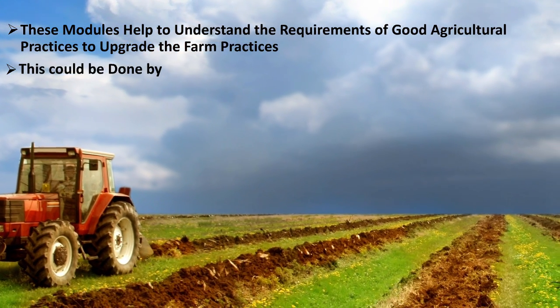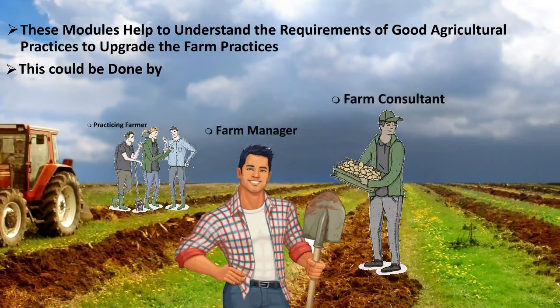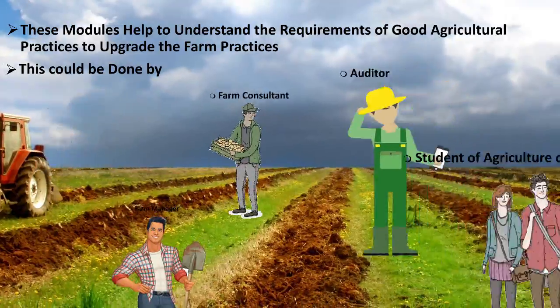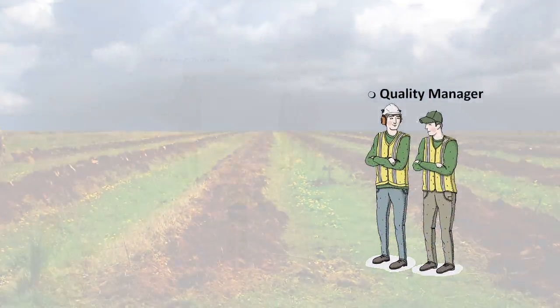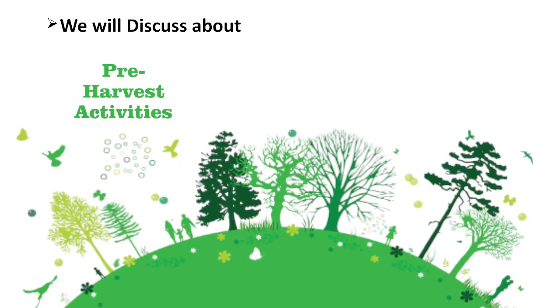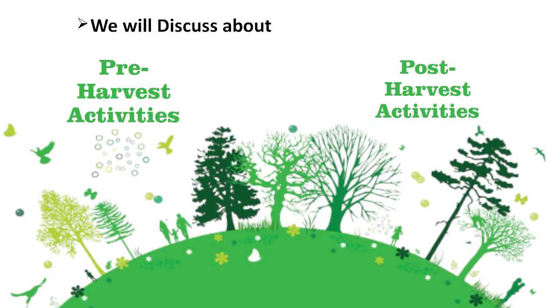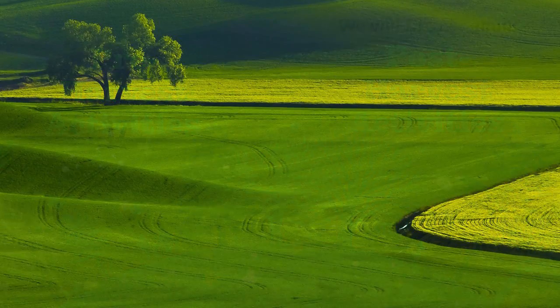This could be done either by a practicing farmer, farm manager, farm consultant, auditor, student of agriculture or allied course, or a quality manager. Moreover, we shall also discuss all the pre-harvest and post-harvest activities that are now an integral part of any farm production system.